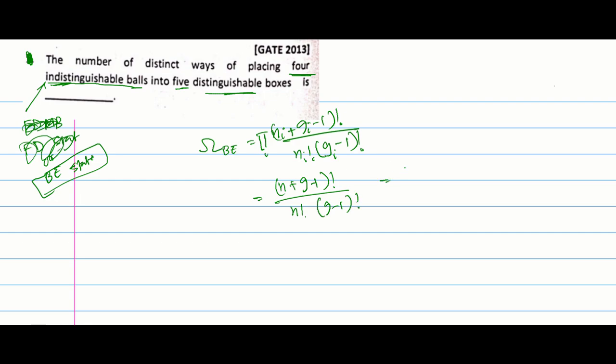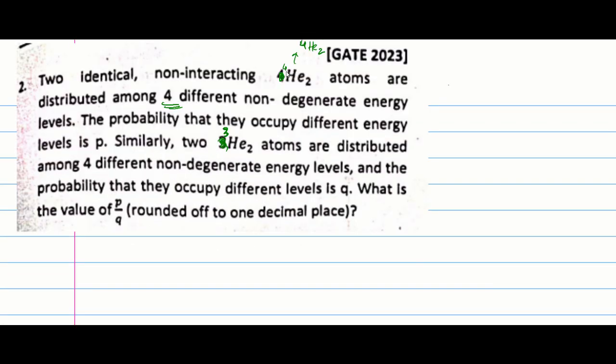The number of particles is 4, and the number of boxes, comparable to the number of energy states, is 5. So 4 plus 5 minus 1 factorial, over 4 factorial and 5 minus 1 factorial, which is 4 factorial. This will come out to be 70 ways. This is the answer. Okay, now let's go to the next question.